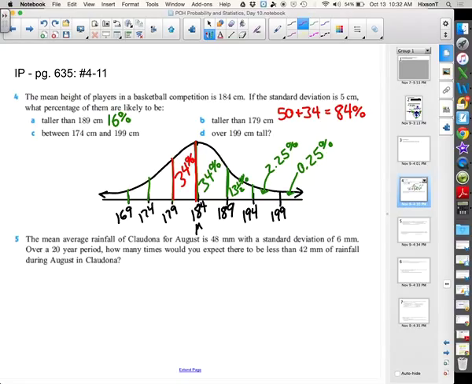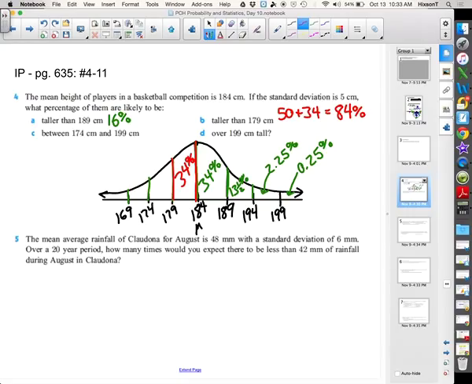Try figuring out C then. What percent would be between 174 and 199? Ready? Is it 97.25? Is that what you guys got? Okay. Yeah, 174 to 194 is what percent?